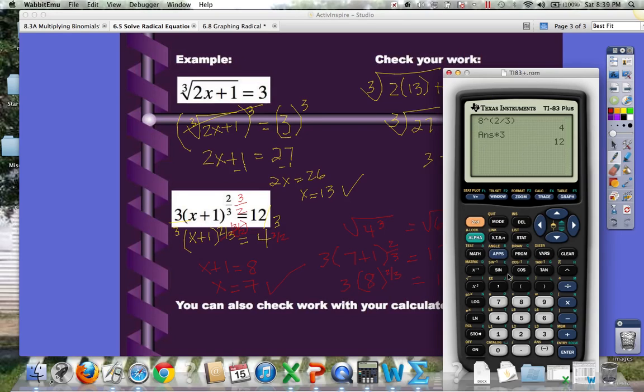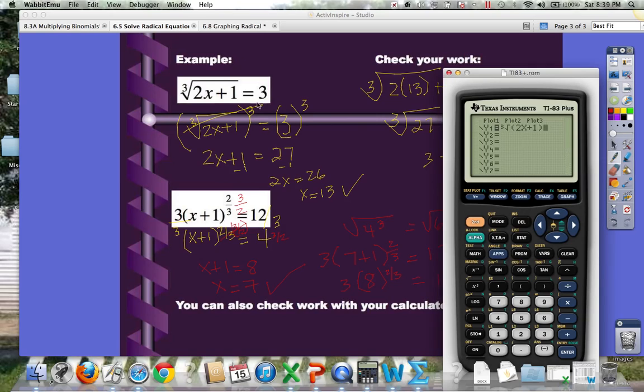Okay? Now, the nice thing about these radical equations is you can check your answers very, very easily with your calculator. For instance, let's take this problem up here. If I wanted to do the cube root of 2x plus 1, I would go math, and then the number 4 option, the cube root of 2x plus 1, and close it off.